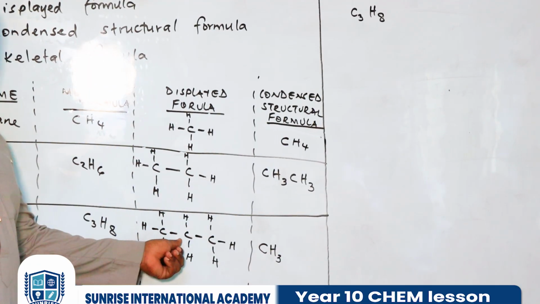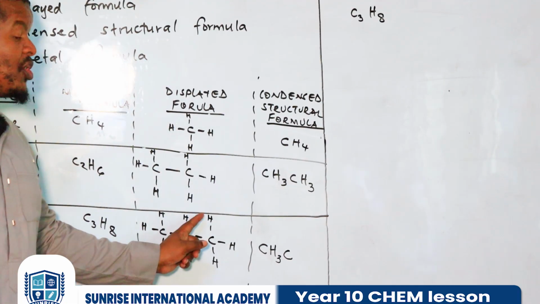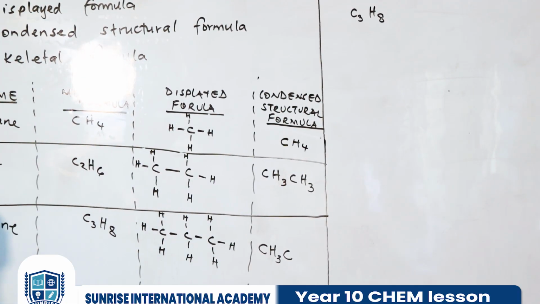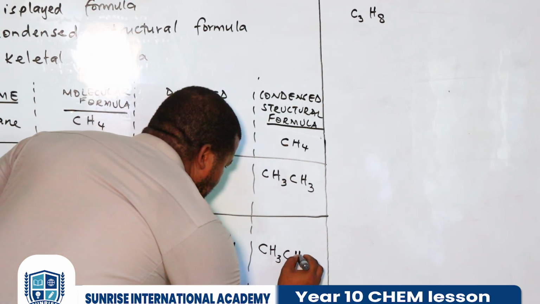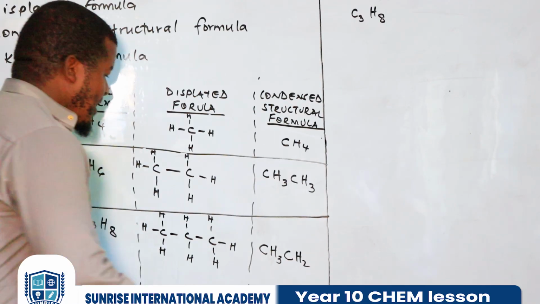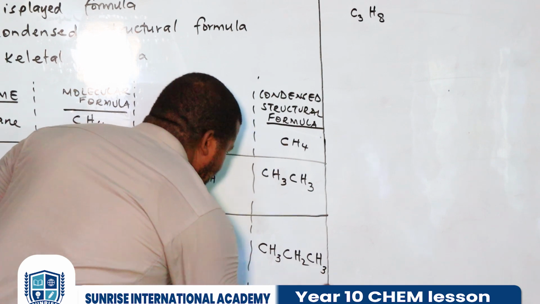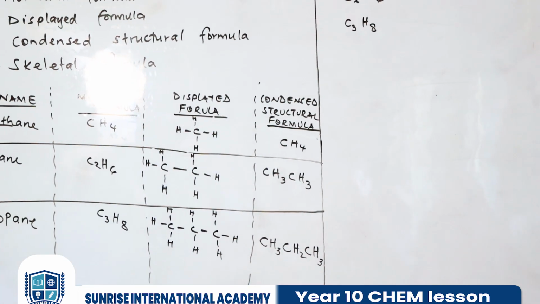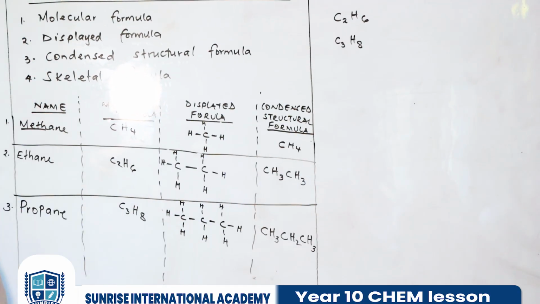The second carbon atom, C, has 2 hydrogen atoms with it. So this is going to be CH2. The third carbon atom, C, is surrounded by 3 hydrogen atoms. And that is the condensed structural formula for propane.